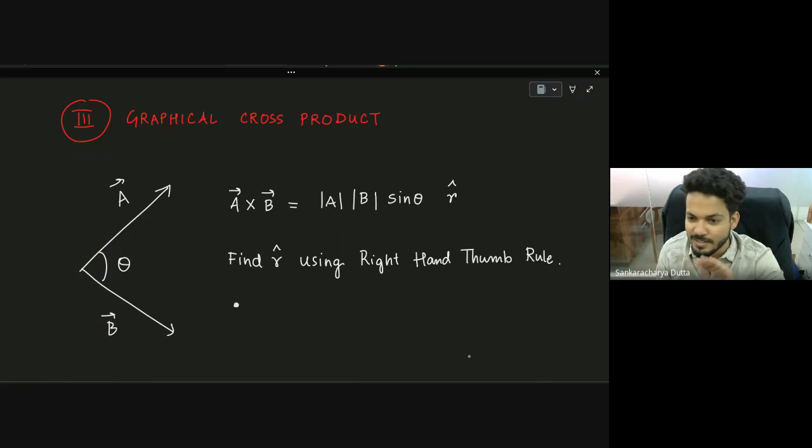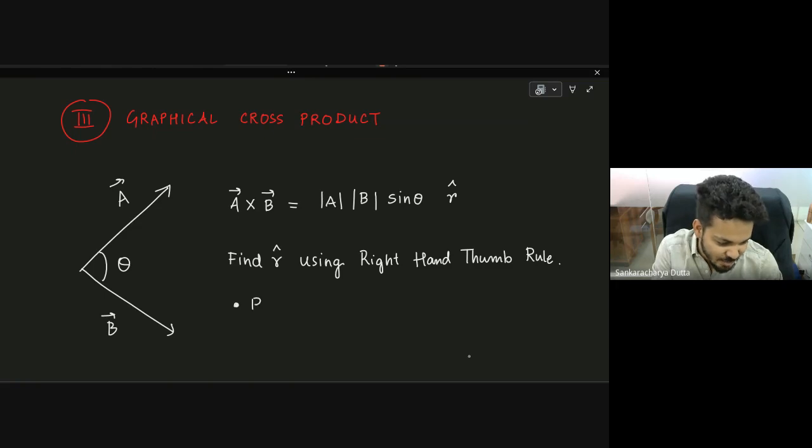Otherwise, I've seen people getting the direction messed up so many times, and the only reason is that they know a lot of different conventions and confuse between them. So just follow one convention throughout your life, and you'll never be confused. Unless you start teaching physics, then you should know all the different processes. Find R cap using right hand thumb rule.